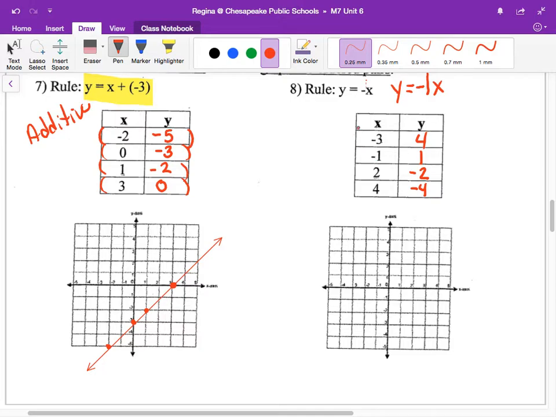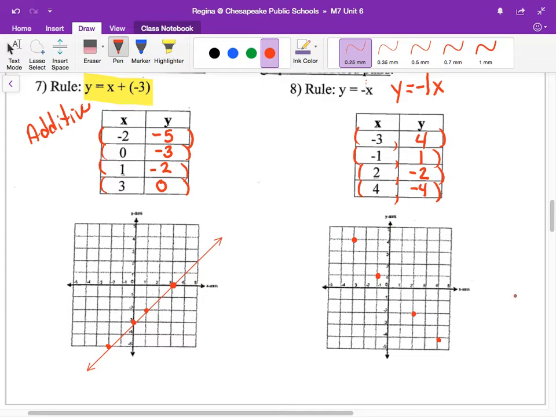All right, so I'm going to put my 4 points. I think it's very satisfying when I put those 4 points and I can start to see that they're falling in a line, and then I connect them, and you know you have the answer because it's a straight line and all of them are on it. -3 up 4. -1 up 1. 2, 2, 4, 4.